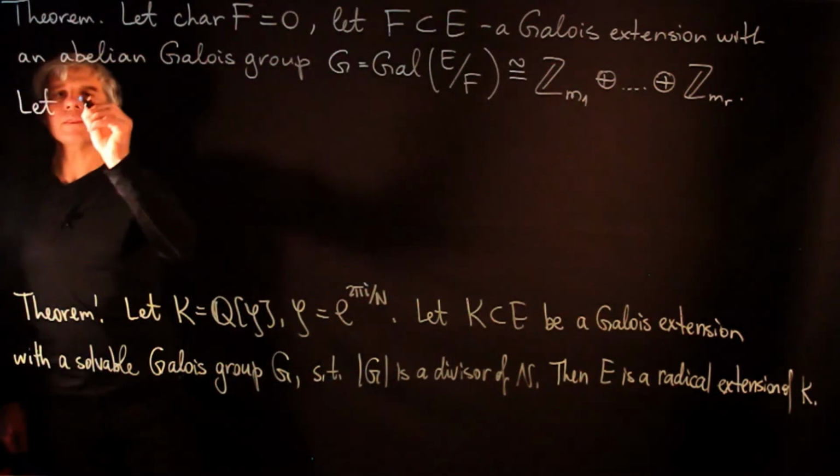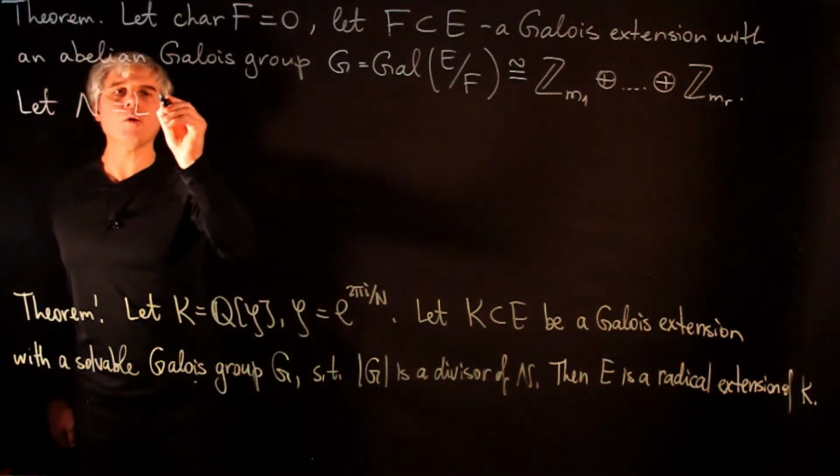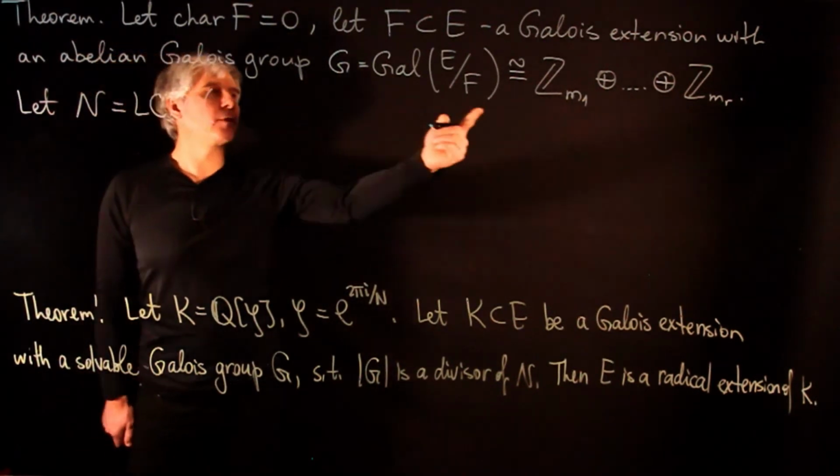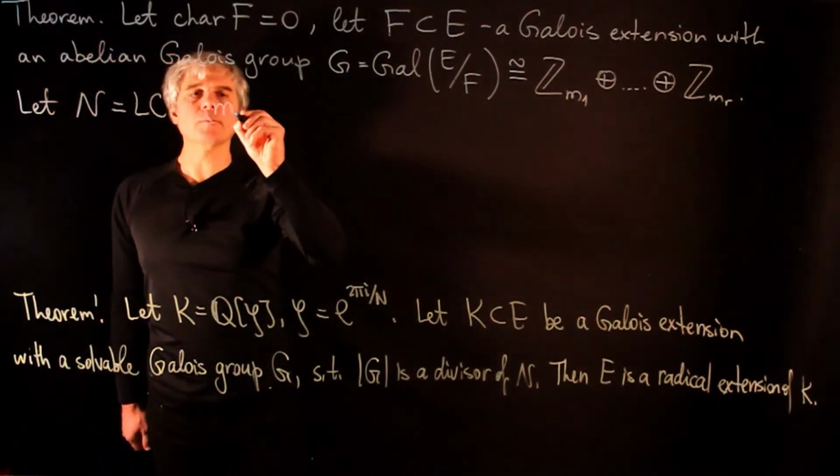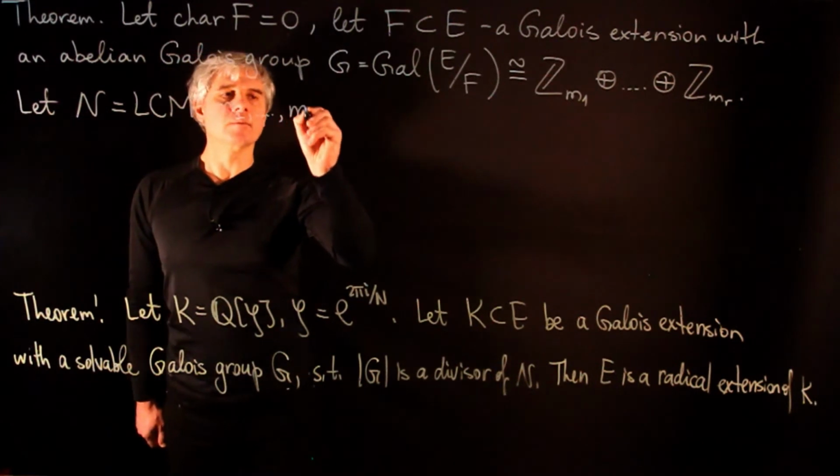Let n be the least common multiple of the orders of the cyclic components.